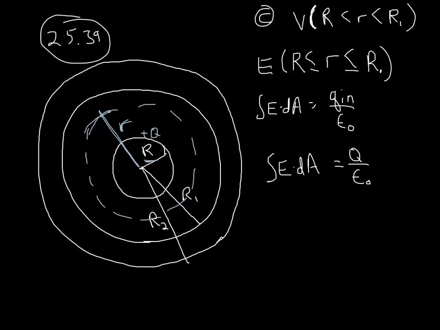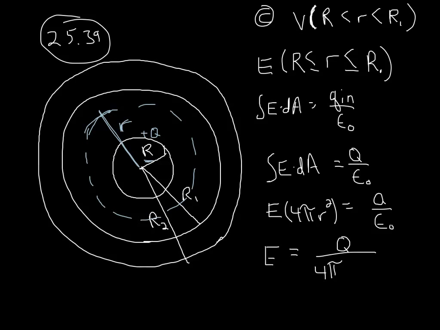And the integral of E dot dA gives me E times 4 pi r squared, the surface area of my Gaussian surface, equal to Q over epsilon naught. Then I divide both sides by 4 pi r squared to find my electric field in this region is Q divided by 4 pi epsilon naught r squared.